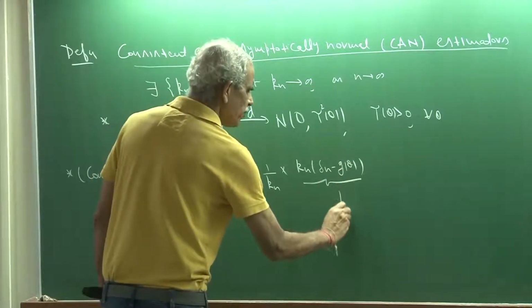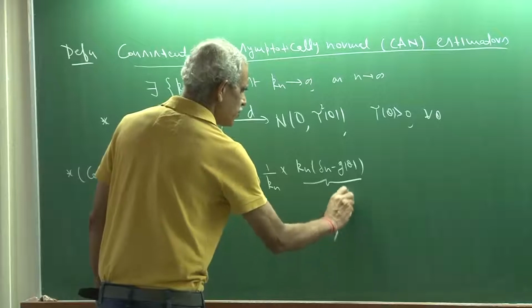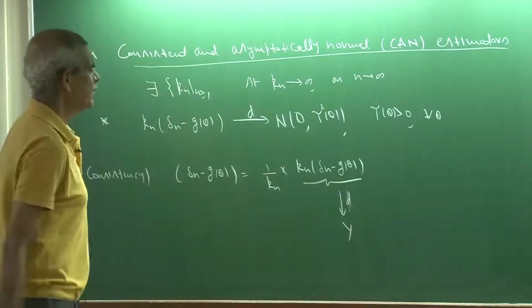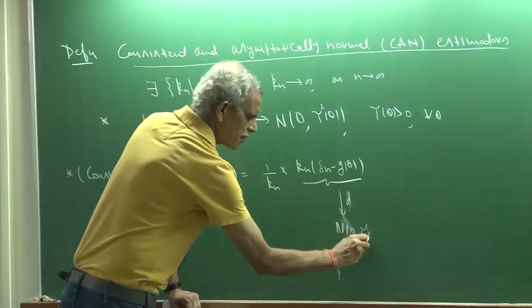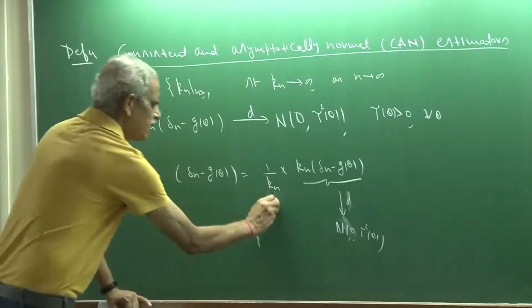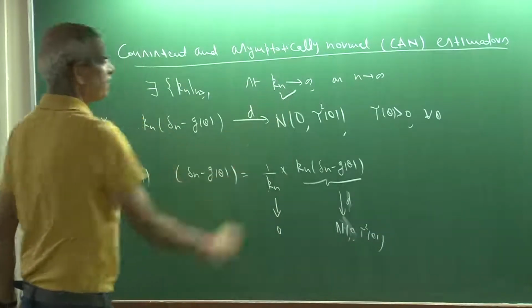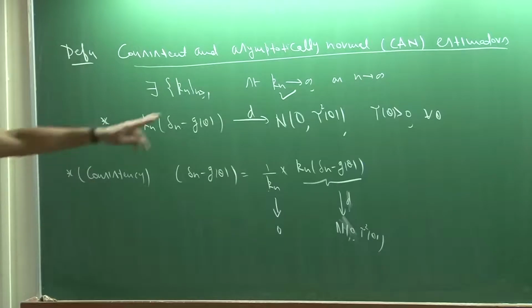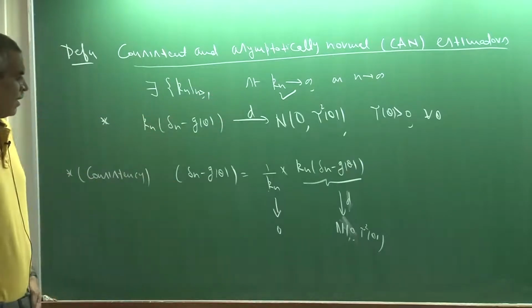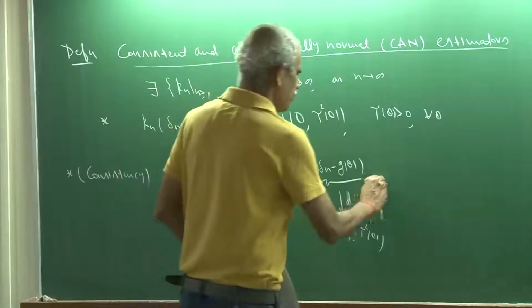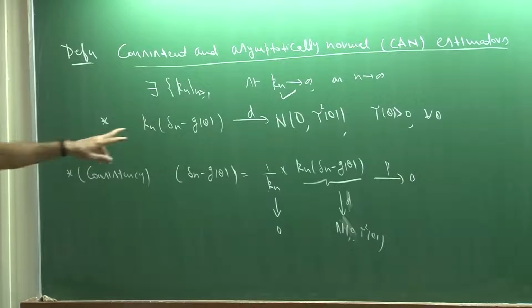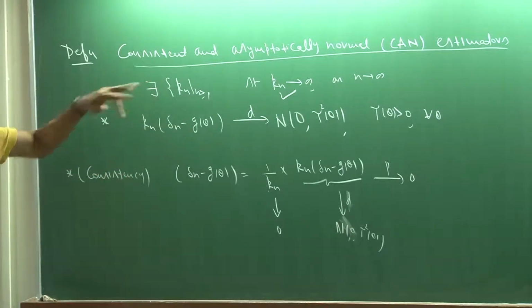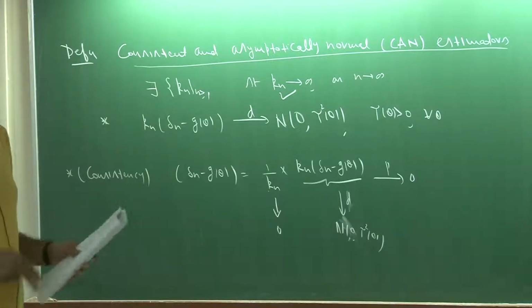Now this goes in distribution to Y, which is normal 0, tau square theta, and 1 upon kn is going to 0, because kn is going to infinity. So kn going to infinity is important. So this product will go in probability to 0, and that shows that it is consistent. So any estimator for which this happens for some sequence kn going to infinity is called consistent and asymptotically normal.